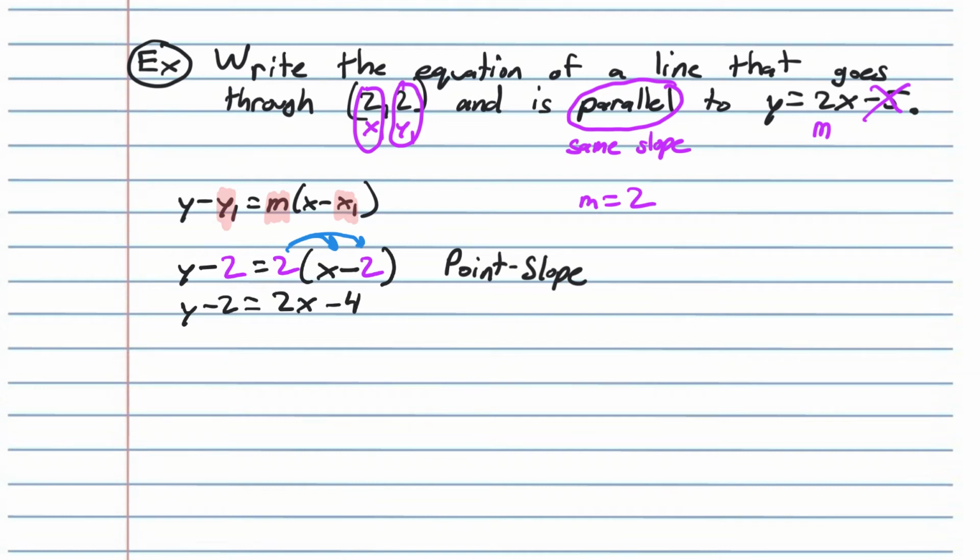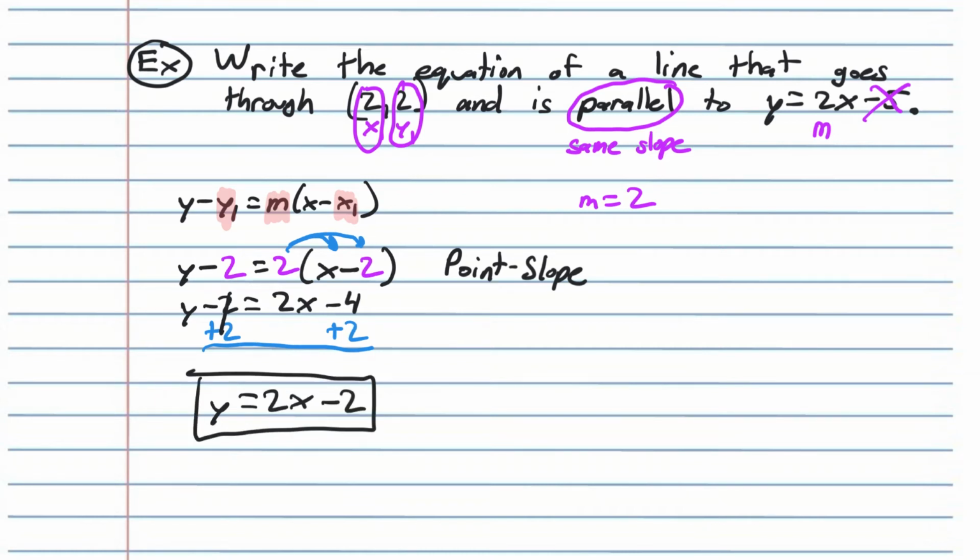And the last step is to move that -2, so we'll add it to the other side. These cancel, and we're left with y equals 2x, and then -4 and 2 make -2. And there's our equation in slope intercept.